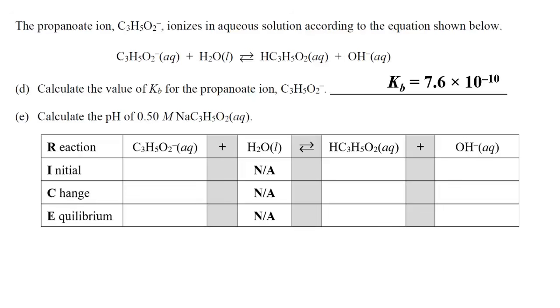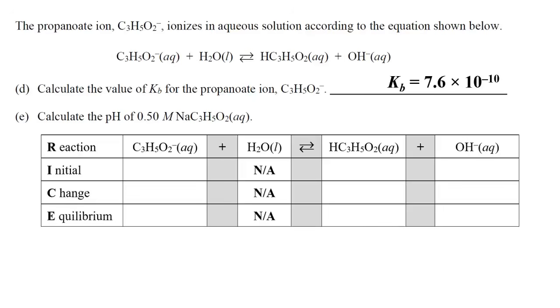Now, if you're wondering, what about the sodium ion? The sodium ion is kind of like a spectator ion. It's not doing anything to affect the pH. So we can focus our attention on this weak base, which is the propanoate ion. So now let's move on to the initial row of this RICE table. We are given a solution that has a concentration of 0.50 molar.